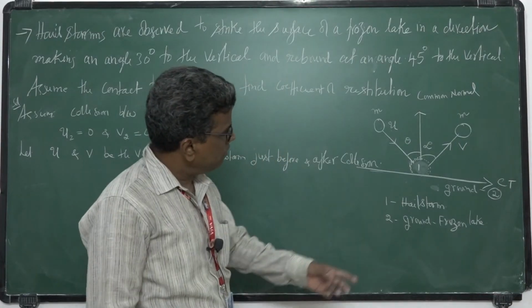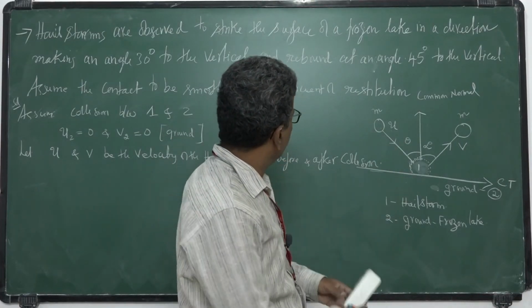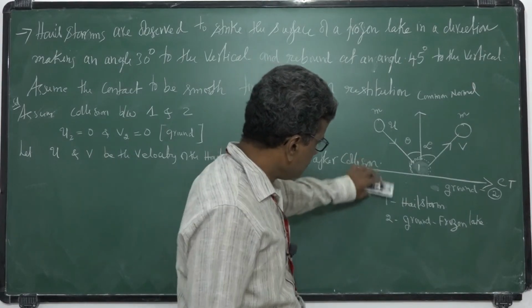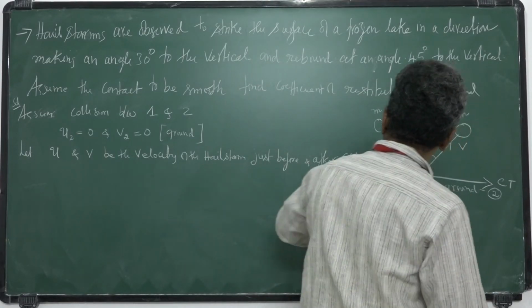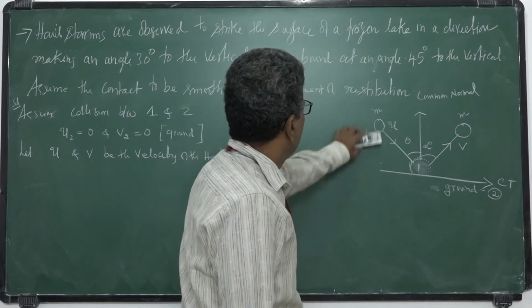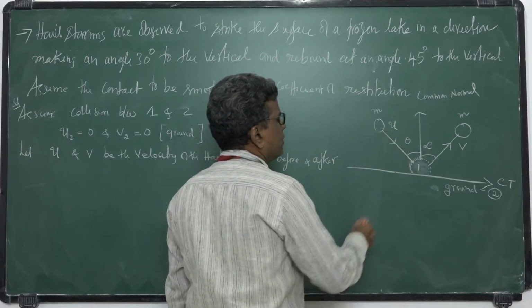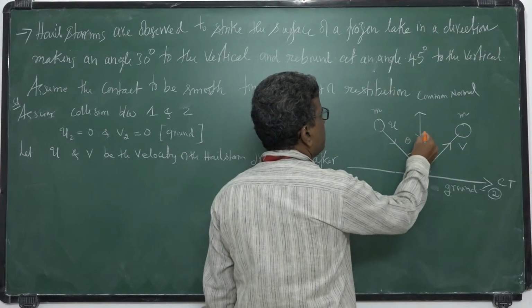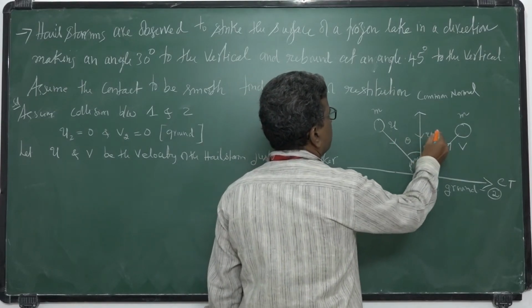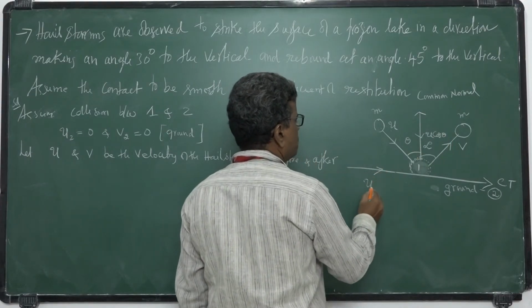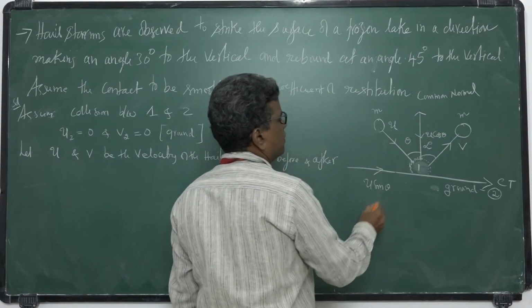The ball before collision, you resolve into velocity components, before and after collision. Before collision, u gives the component u cos theta in this direction and u sin theta in the other direction.